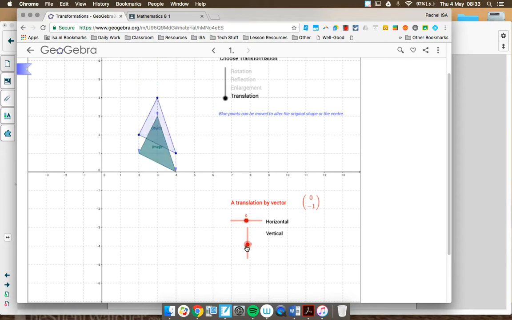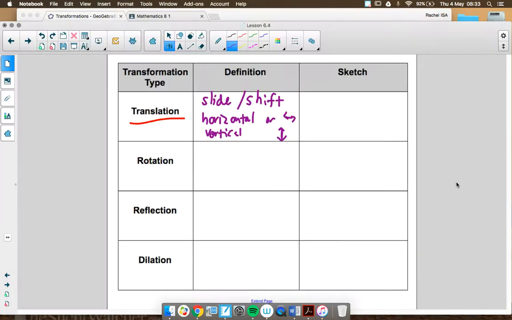Right, so this would be only a vertical translation. And then this would be vertical and then horizontal. Okay, so you can see that with translations you can have vertical or horizontal, or you can have both. Okay, so then on your own, just go ahead and sketch a picture of what that could look like.